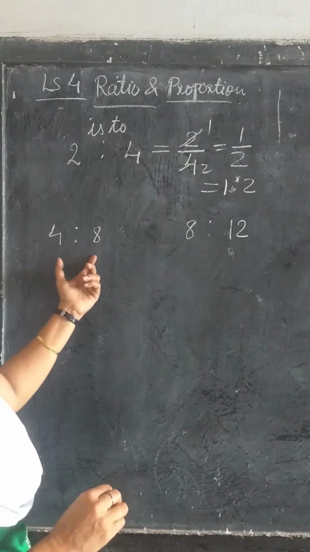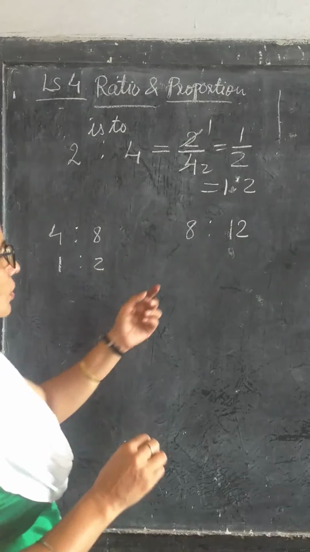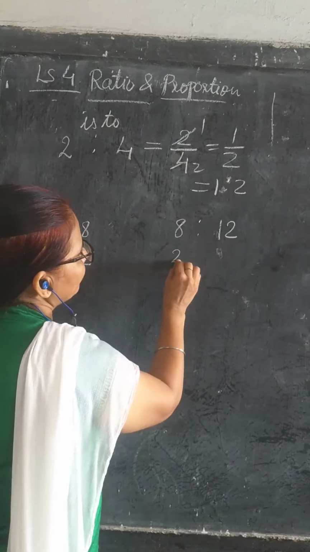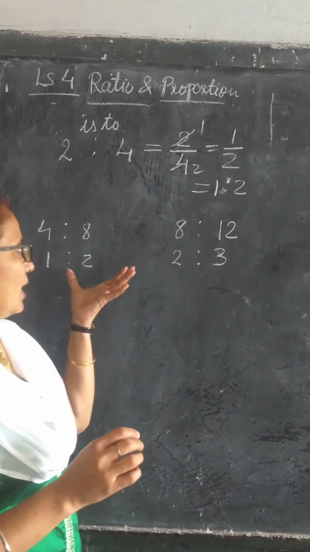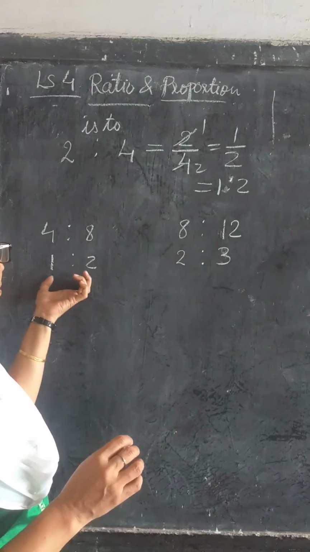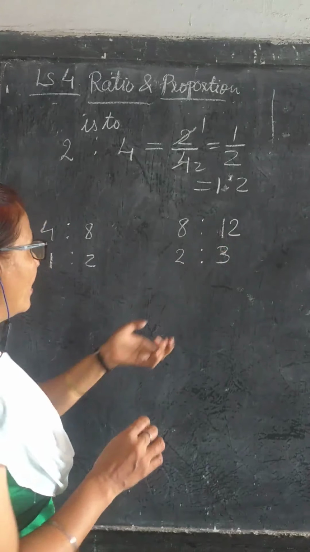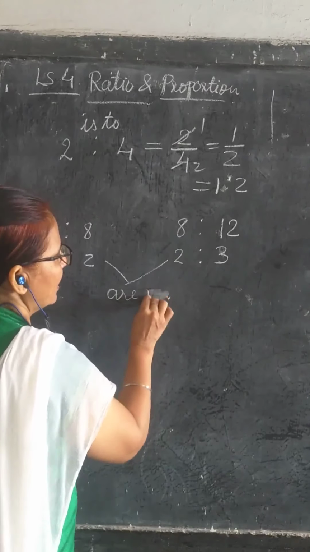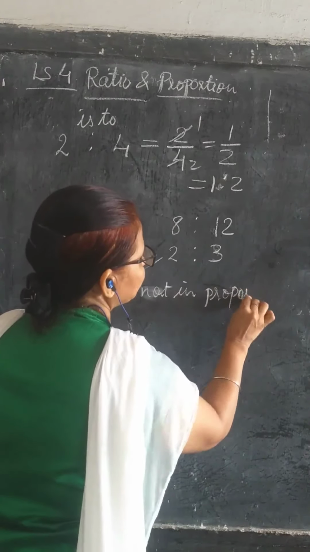When I divide, I will get 1:2. And 8:12 you can write in the simplest form by dividing by 4, so 4 2s are 8 and 4 3s are 12. Now you can see this ratio and this ratio, are they the same? No. So we can say that 4:8 and 8:12 are not in proportion.